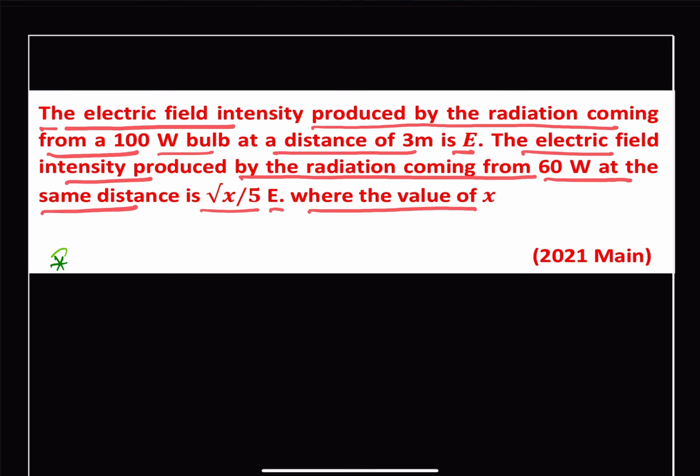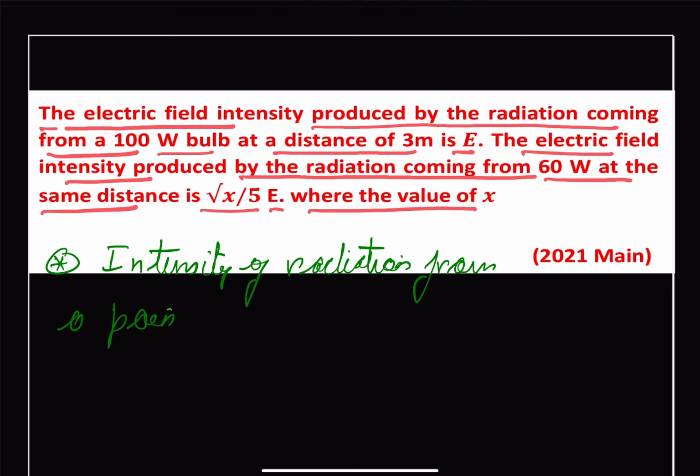So we can say that intensity of radiation from a point source is I is equal to P divided by 4 pi r square.